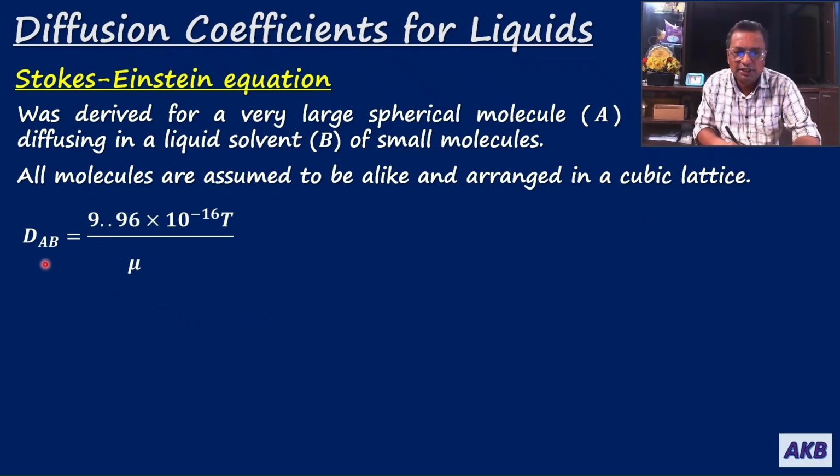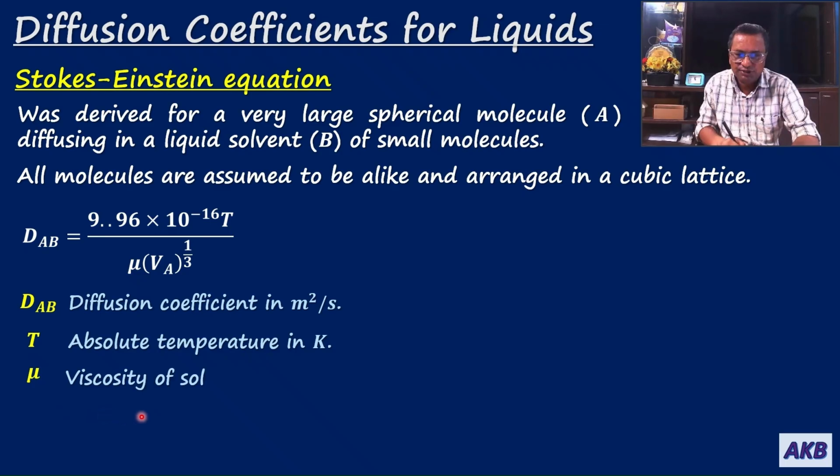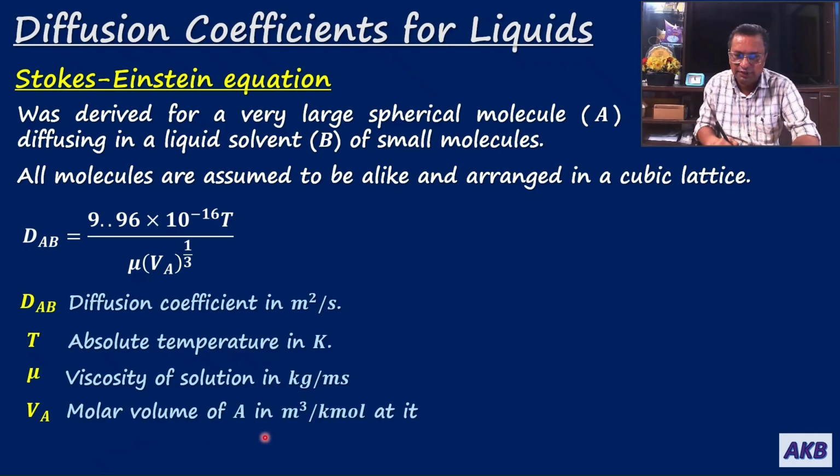Then the equation is DAB is equal to 9.96 into 10 to the power minus 16 into T divided by mu into VA raised to 1 by 3. In this equation, DAB is the diffusion coefficient in meter square per second, T is absolute temperature in Kelvin, mu is viscosity of the solution in kg per meter per second, and VA is molar volume of A in meter cube per kilomole at its normal boiling point.